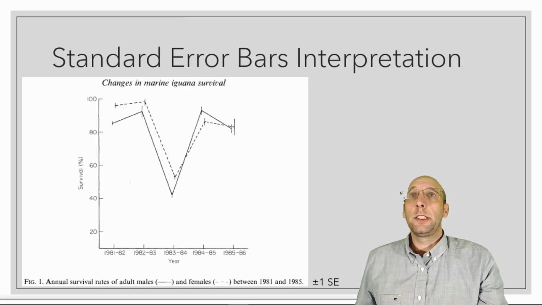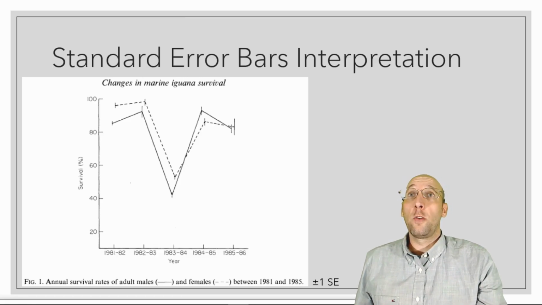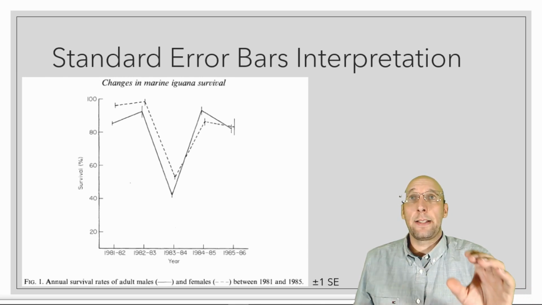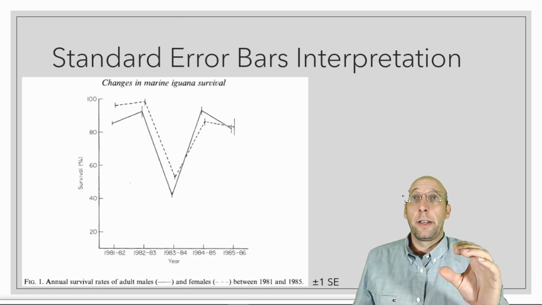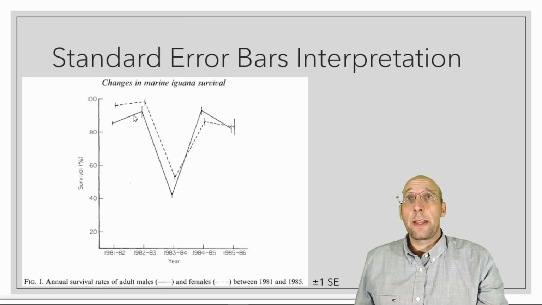Most of the time, we're going to see graphs that look like this in AP Biology, a line graph with standard error bars. And the most important thing you should remember about standard error bars is whether they overlap with another point. If we look at this point, and they overlap a little bit, or are even close to each other, really.